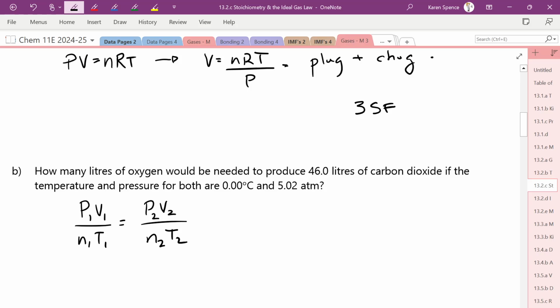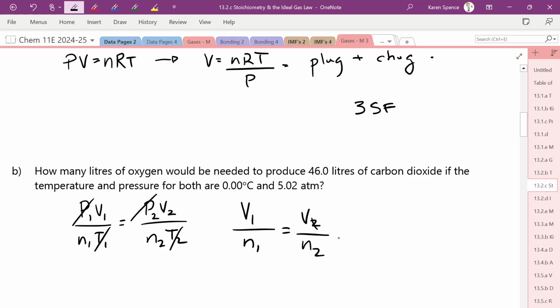You could do this. The T's are the same, and the pressures are the same. So you know that V1 over n1 is equal to V2 over n2. Let's say that this one is, how many liters of oxygen?